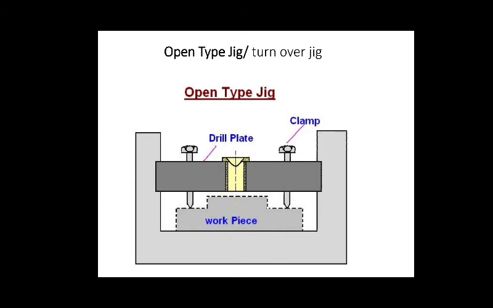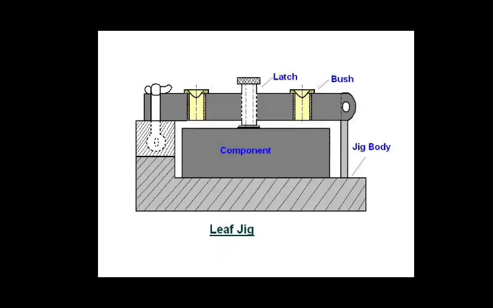Now let us see the next type of jig, that is the leaf jig. It is also a sort of open type jig in which the top plate is arranged to swing about a fulcrum point so that it completely clears the jig for easy loading and unloading of the workpiece.